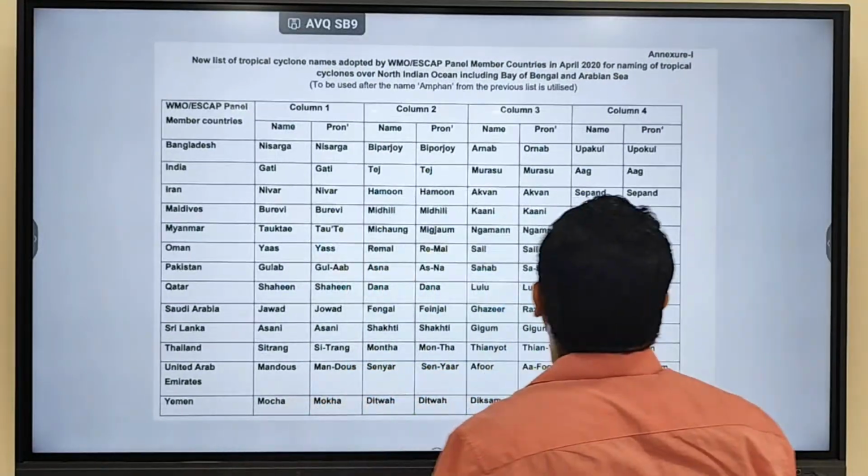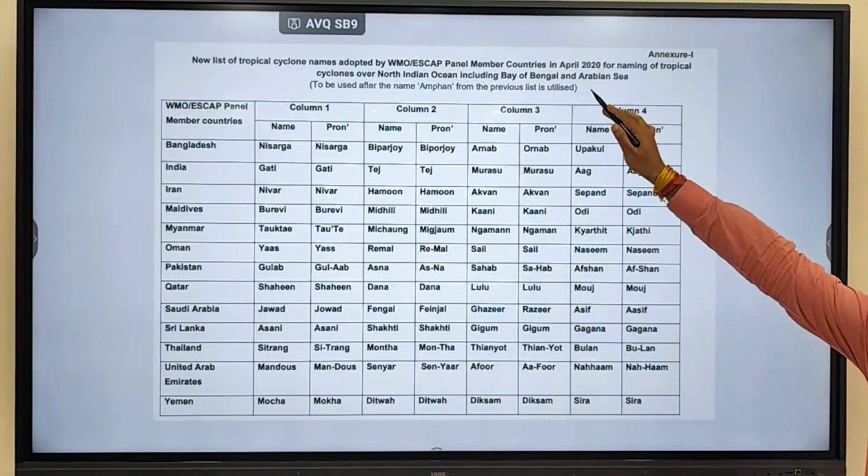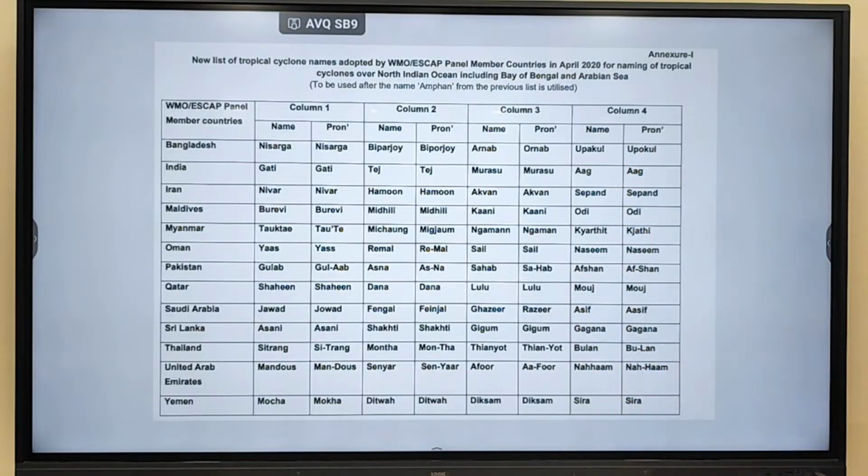So currently, after April 2020, countries have submitted certain names.